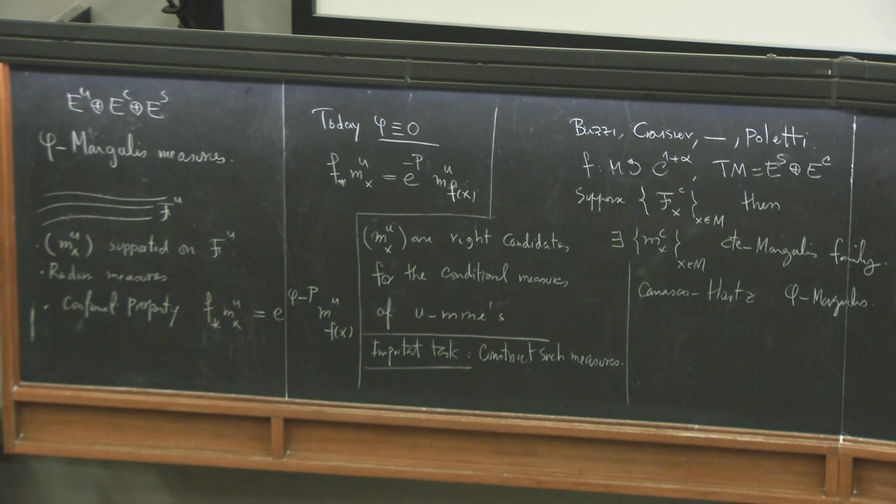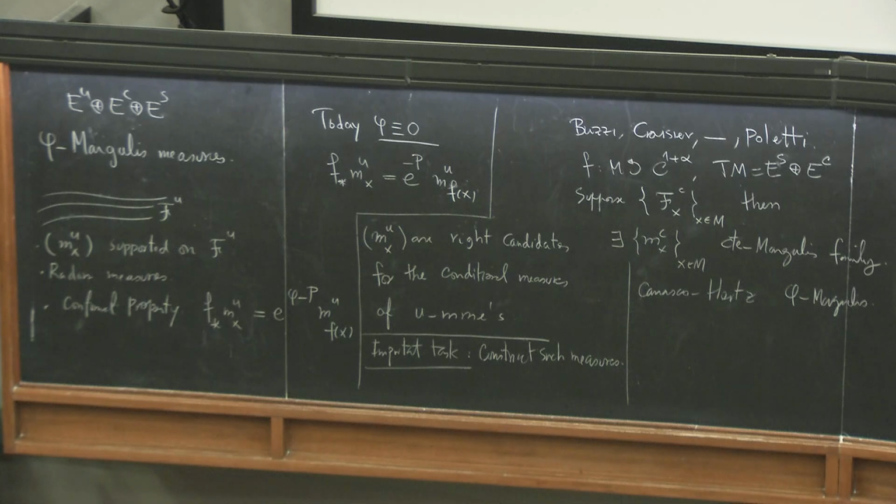In the transverse bundle, you have uniform contraction. You need something transversal such that you have uniform contraction.